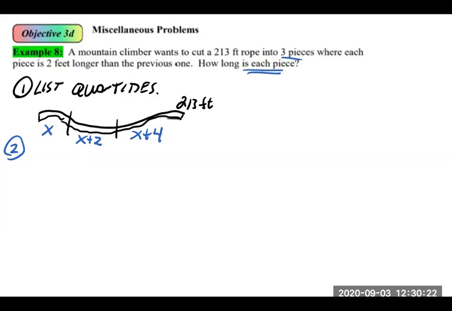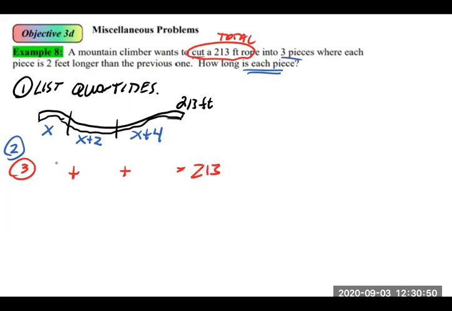And now step 3, what's the mathematical process? Well, what do I know about all 3 of these pieces together? Well, the rope that we started with was 213 feet. So the total, if I add up these 3 pieces, I should get 213.